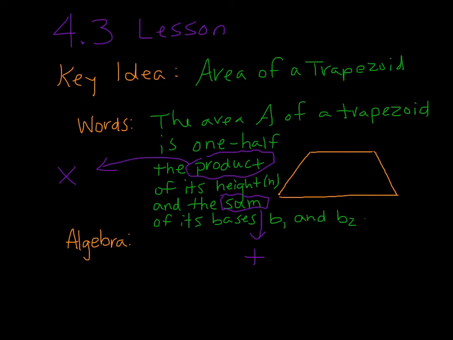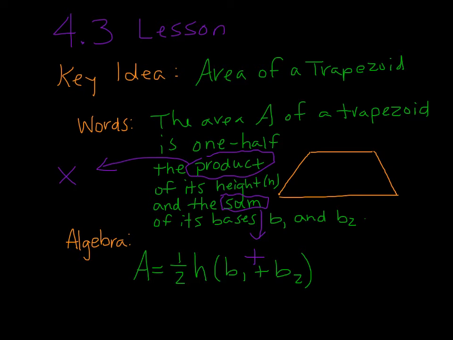So algebraically, to write this, it would look like this. Area equals 1/2, the product of its height, so h, and the sum of its bases b1 plus b2.